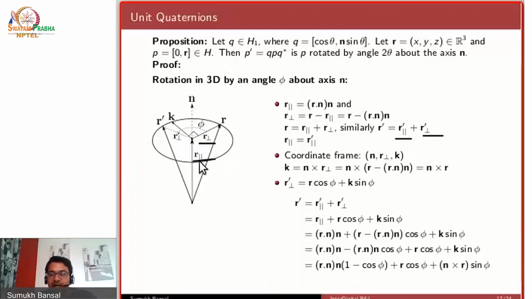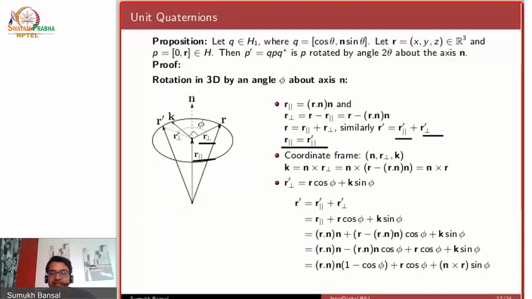So r parallel is going to remain as it is, and r parallel is equal to r dash parallel. So we just need to find the r dash perpendicular component to know the rotated vector r dash.